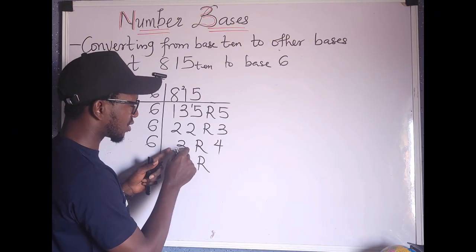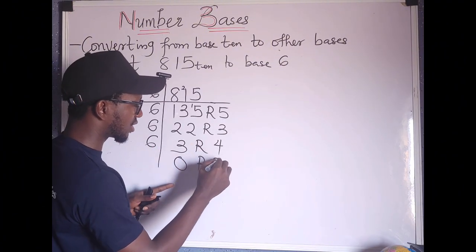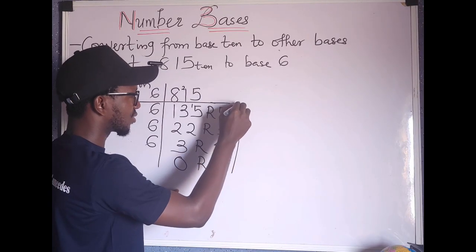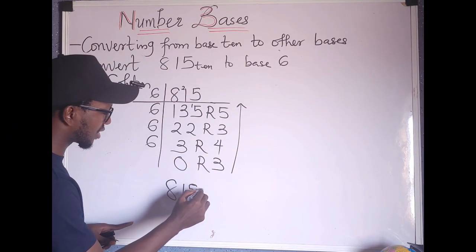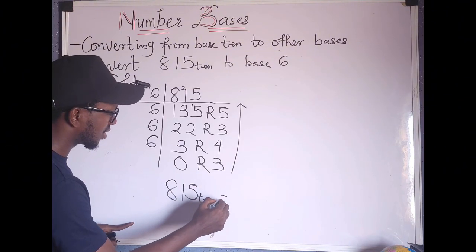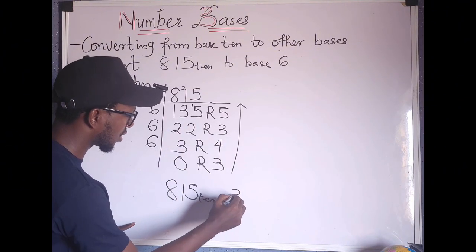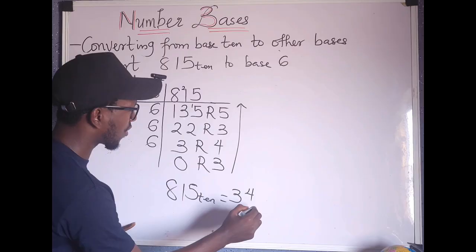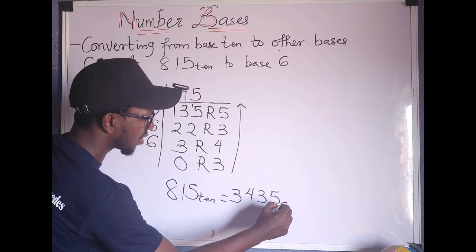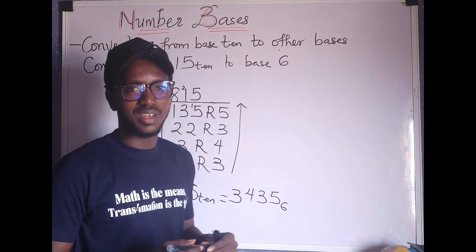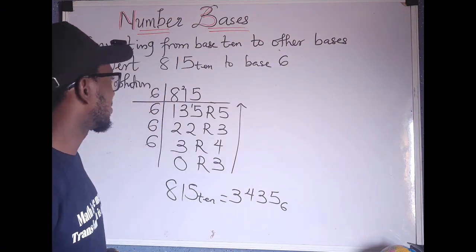Remainder, that's the number here, the smaller one, which is 3. And so that's going to bring us to 815 base 10 equals, upward, 3, 4, 3, 5 base 6. And that's just the simple answer.